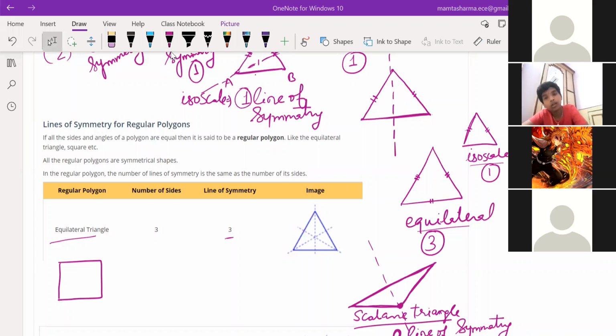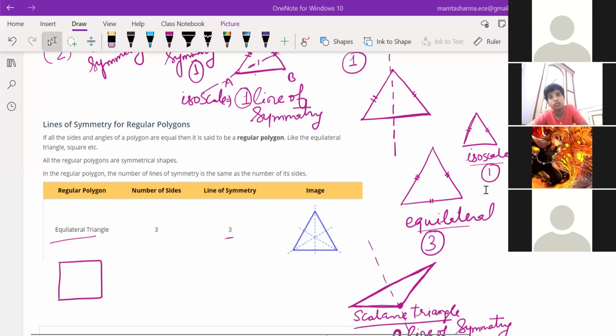We can divide it into 2 triangles. I think you have to divide it into different triangles. Yes, we can divide it into different triangles and different rectangles also.